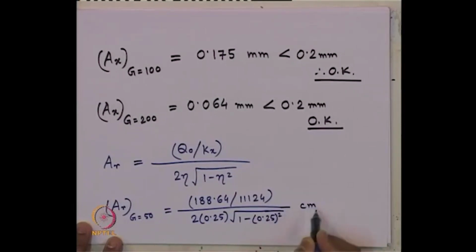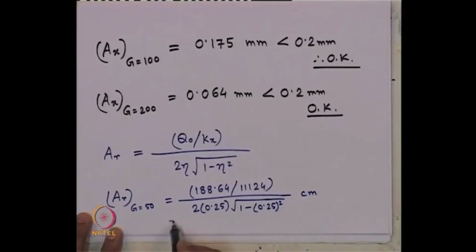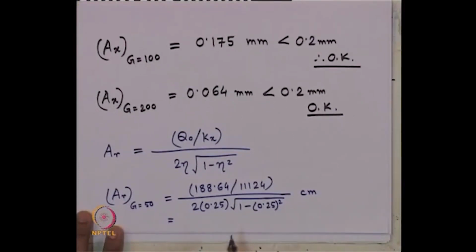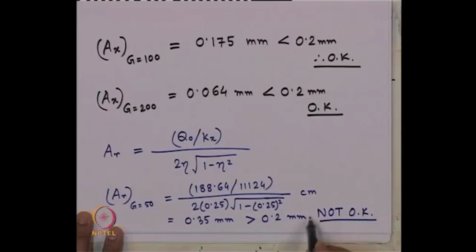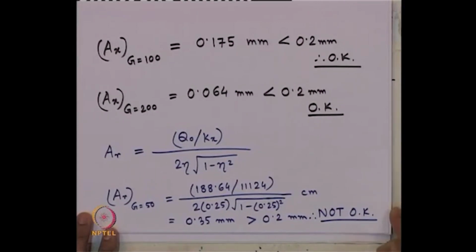So much in centimeter. If we calculate this in millimeter, how much is it coming? 0.35 millimeter, which is greater than 0.2 mm, hence not okay. Not okay at resonance condition, of course. As I have mentioned earlier also, we are checking for resonance condition as well.